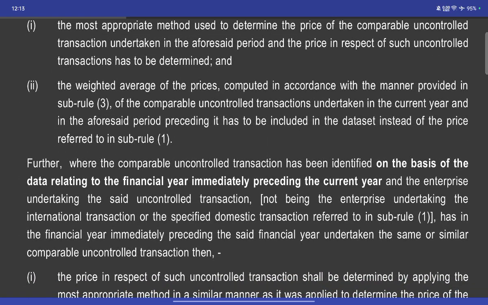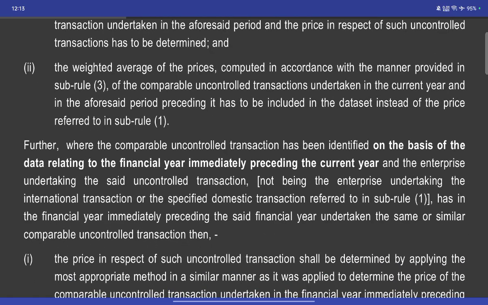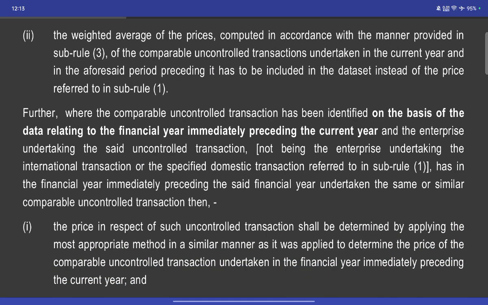The weighted average of the price is computed in accordance with the manner provided in the sub-rule. The comparable uncontrolled transaction undertaken in the current year, together with the aforesaid period, shall be included in the data set instead of the price referred to in clause 3.